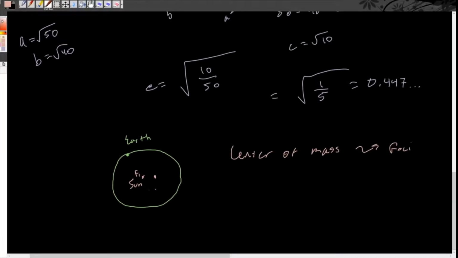Okay, perfect. So let's investigate what all this really means in mathematical terms. We're going to talk about Mercury's orbit. Mercury's orbit is going around the sun.